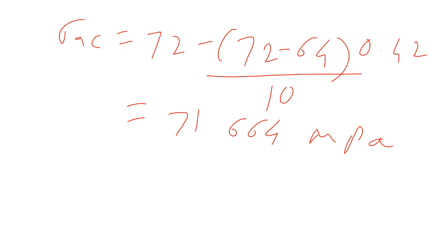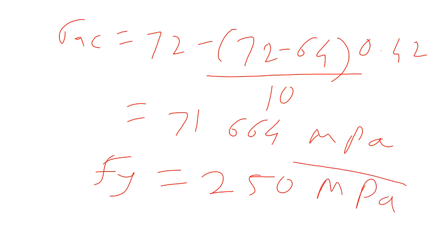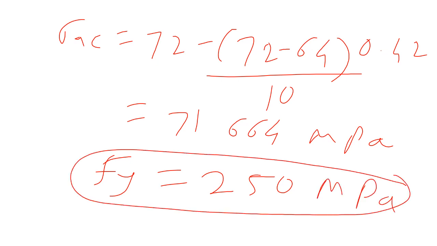And again, if Fy is not given, it is safe to assume Fy, that is the yield stress, as 250. If it is not specifically mentioned, then this value will be good. So these two values are for 110 and 120 lambda max, and for Fy equal to 250.